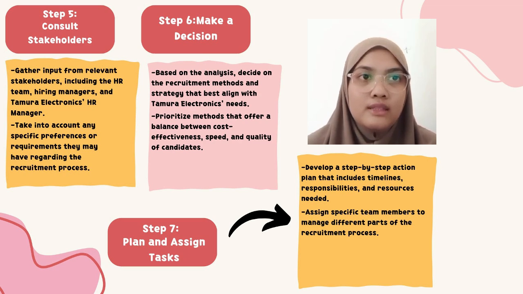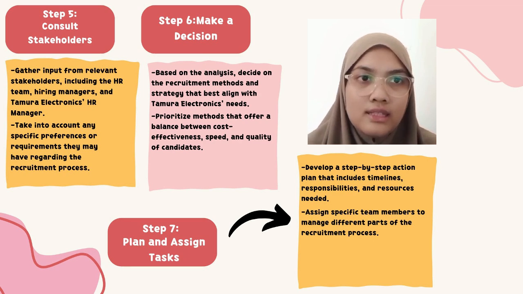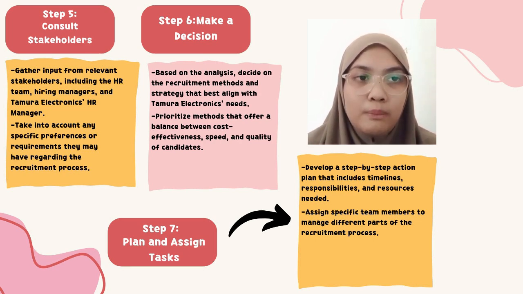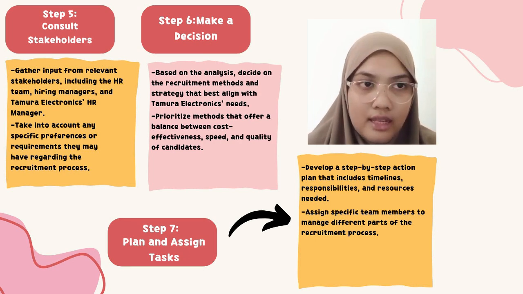Step 6 is make decisions based on the analysis. Decide on the recruitment methods and strategy that best align with Tamura Electronics needs. Second, prioritize methods that offer a balance between cost effectiveness, speed, and quality of candidates.